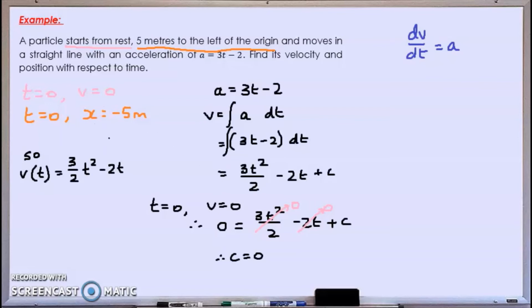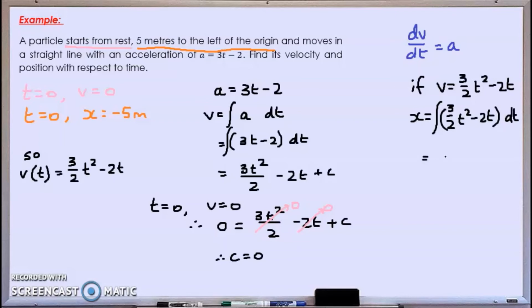Now what I need to do is find the position with respect to time, and I'm going to anti-differentiate this. So if v equals 3 over 2 t squared minus 2t, then x will equal the integral of that, 3 over 2 t squared minus 2t, all with respect to t, which equals 3 over 6 t cubed minus 2t squared over 2, and then we have to add some other constant, and I'm going to call that d.